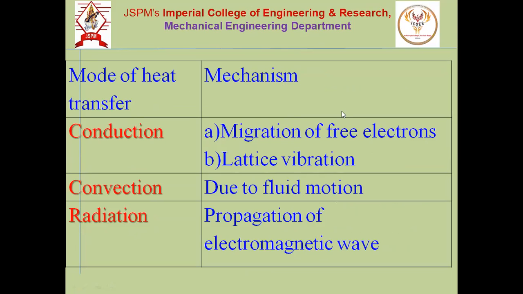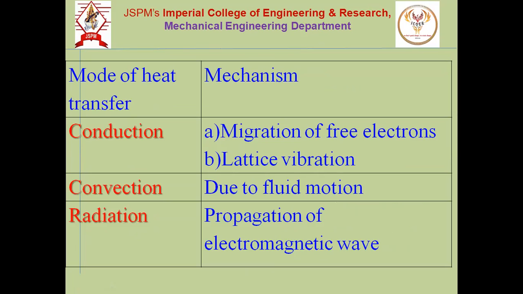Now we'll see the mechanism. Conduction occurs because of migration of free electrons, that is called drift of free electrons, and also lattice vibration. Convection, which we are more interested in here, is because of fluid motion.